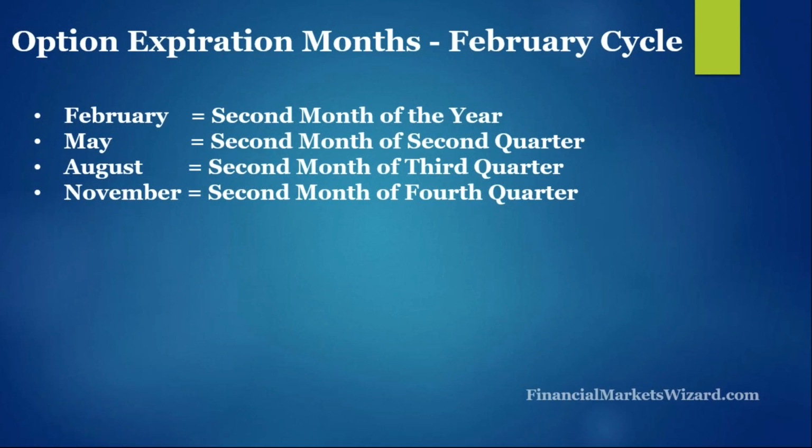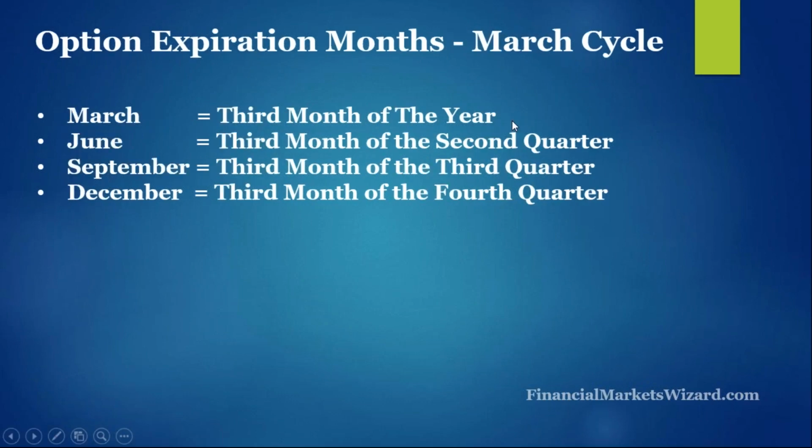So there are 3 cycles: January cycle, February cycle, March cycle. January is the first month, so the first month of each quarter. February is the second month, so the second month of each quarter. And then March, because March is the third month, so the third month of each quarter.